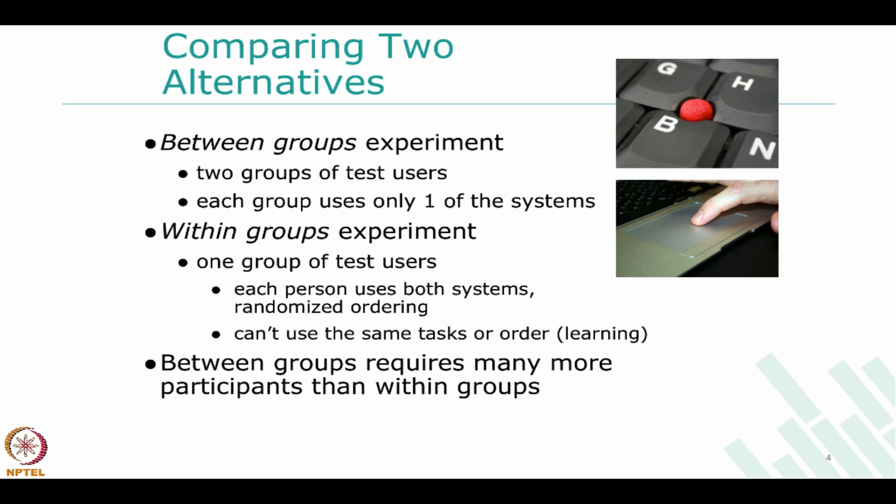For example, I'm building a new application like Microsoft Word. I'll give Microsoft Word to one group and the app that I am building to another group. Within groups is a set where I have one large group, where both the solutions are given to all the users. Now I'm sure you can understand the positives and negatives of each of these study designs, right?